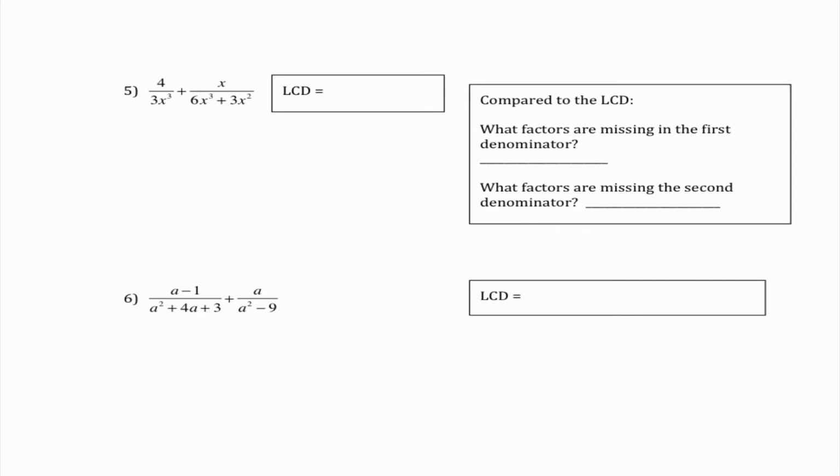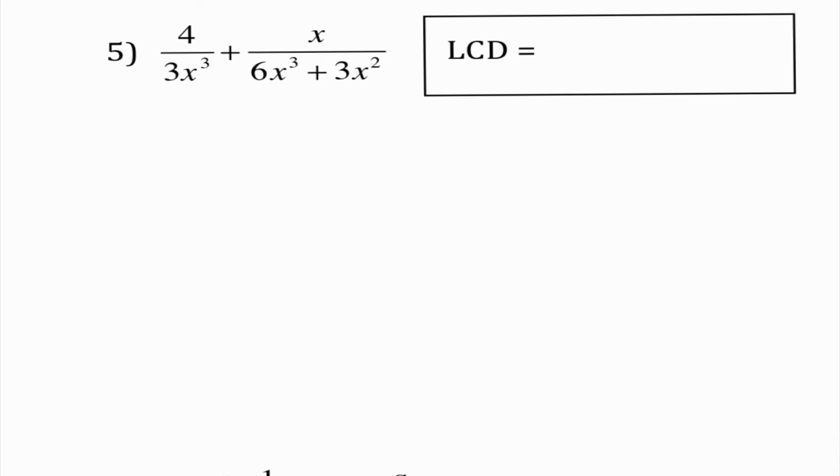So number 5 here, this is really what our problems are going to look like. The very first thing we need to do is find the LCD, and we already learned we need to do that by factoring. So when I look at 3x cubed, that is just going to be 3x cubed. When I look at 6x cubed plus 3x squared, I notice we have a GCF of 3x squared times 2x plus 1.